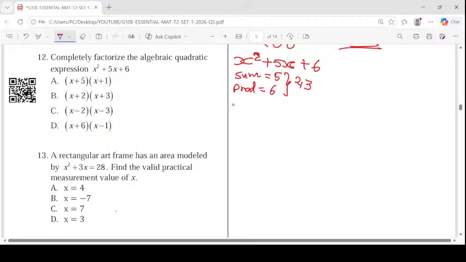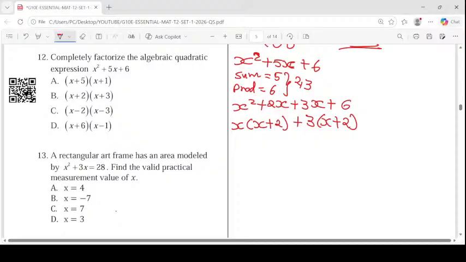So let us substitute. So this becomes x squared plus 2x plus 3x plus 6. Then you pair them into 2's and factor out the common factor. So here this will be x into x plus 2 plus 3 into x plus 2. So this becomes, those that are outside the bracket, you wrap them in one bracket.